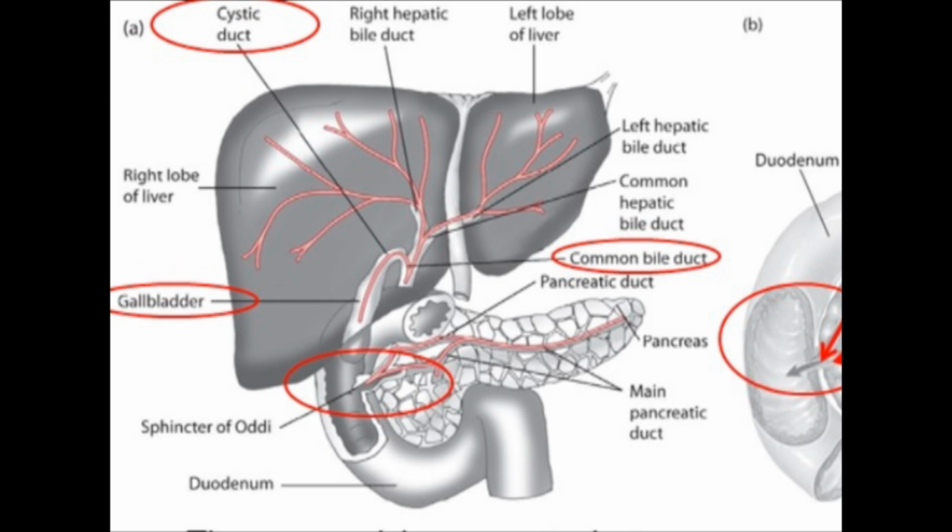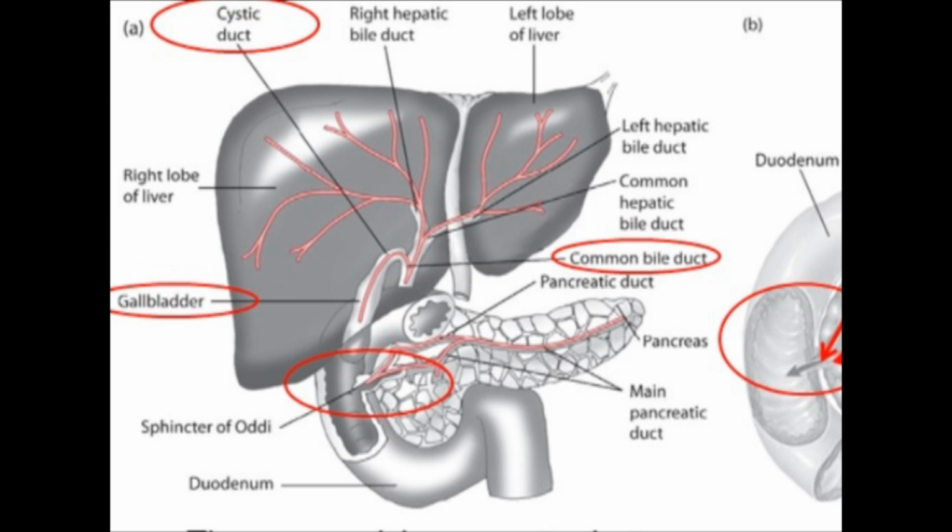And it's common also to the hepatic duct, the right and the left, that is secreting bile essentially from the liver. So the liver hepatic ducts join the gallbladder's cystic duct to form the common bile duct.